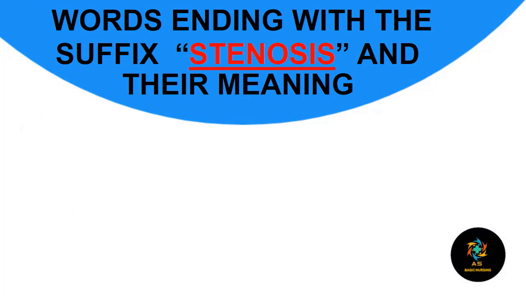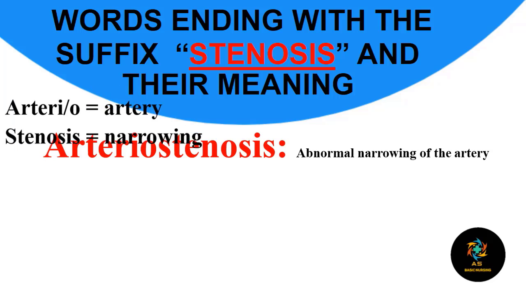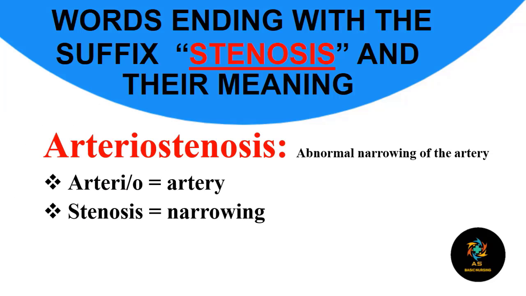The next word suffix is stenosis. Example, we have atherostenosis, meaning abnormal narrowing of the artery. Athero, meaning the artery, and stenosis, meaning narrowing. The next example is ureter stenosis.